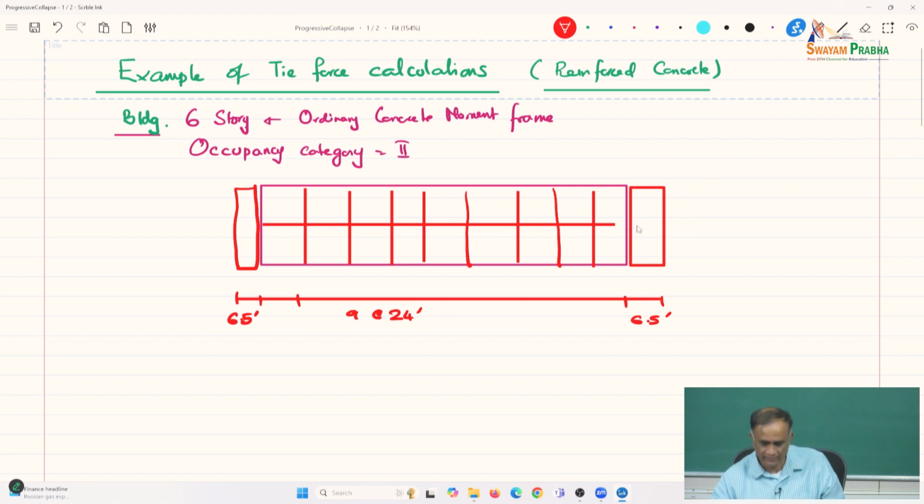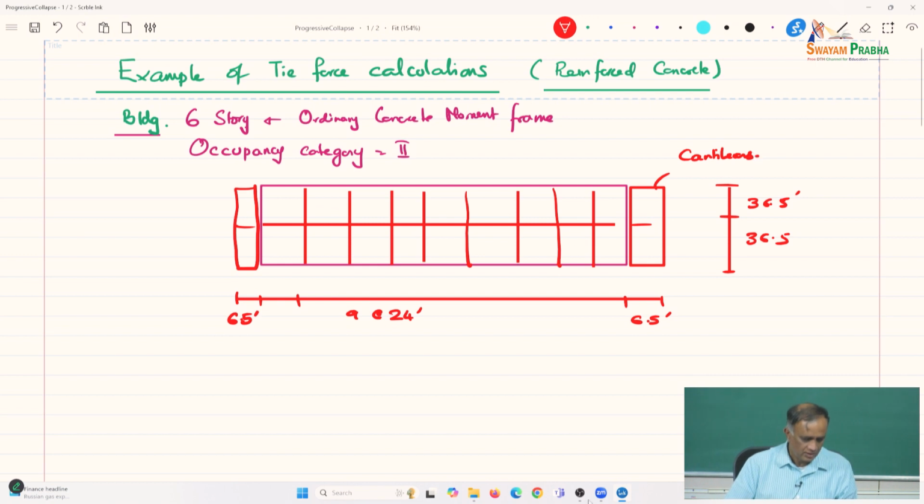And here you have 2 bays at 36, I think it is 36.5 feet. Let me check that. These are cantilevers. There are columns and joists. The joists or beams are 2 of them.